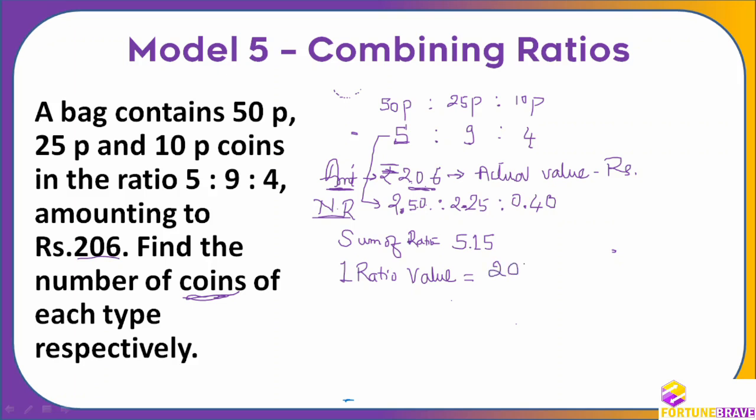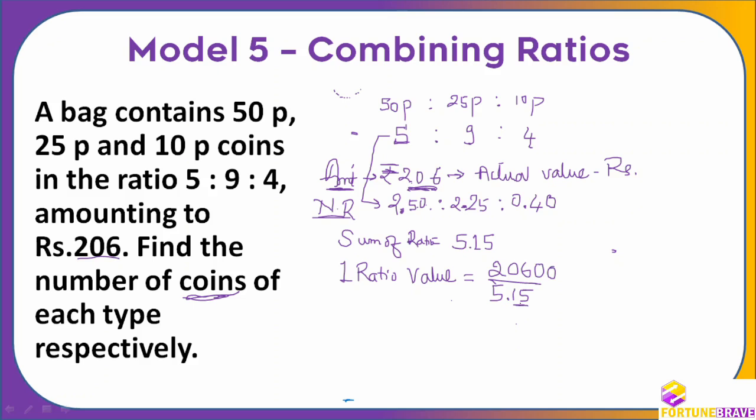So 206 is your actual value, right? Divide it by 5.15. If you can convert, you can directly see this question and then solve, it's fine. Or else you can remove this decimal point by multiplying by 100 because two places are there, right?